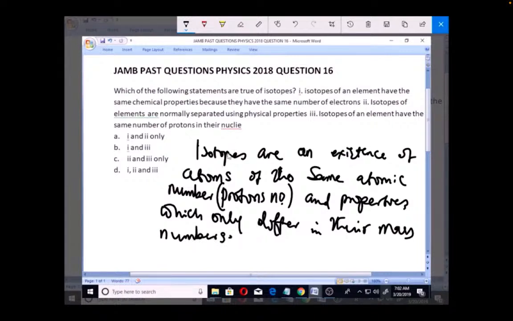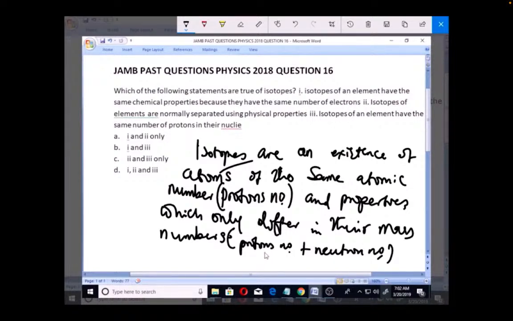So isotopy is a phenomenon whereby atoms exist with the same atomic number but different mass numbers. And mass number is the proton number plus the neutron number.